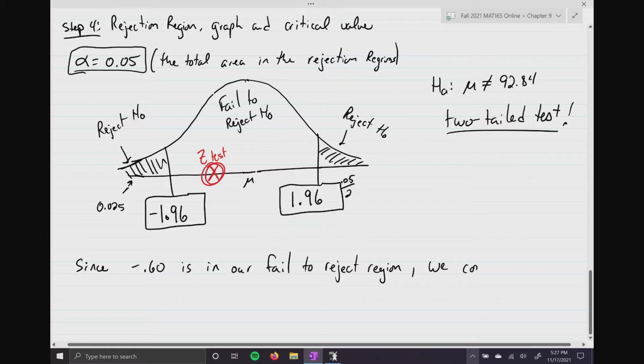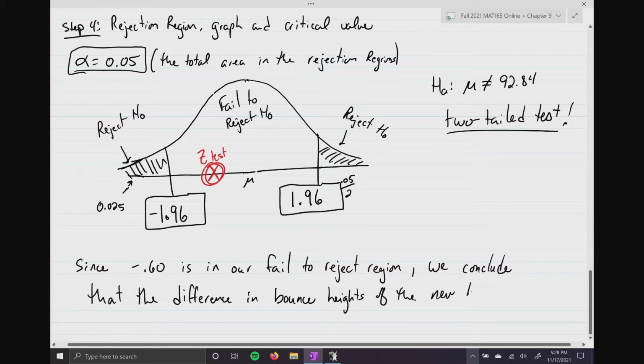we conclude that, and here's the best part, all right? You cannot reject the null, which means we conclude that the difference in bounce heights of the new ball and the old ball is not significant.